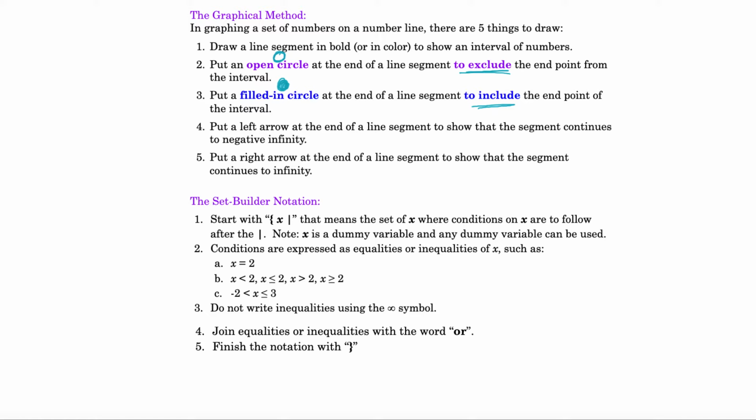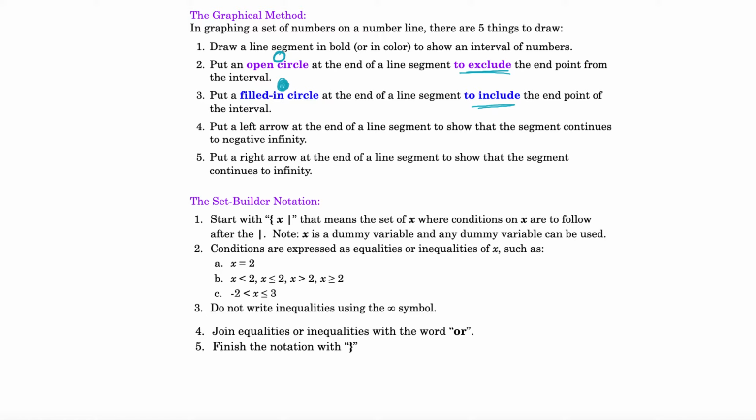We also can utilize set builder notation where we start with a bracket and then we have x and then a vertical line, which means x such that. And then we put those conditions on. We can put conditions on so that x equals a specific value. Perhaps x can be less than a value, less than or equal to a value, greater than or equal to a value, or x is in between two values.